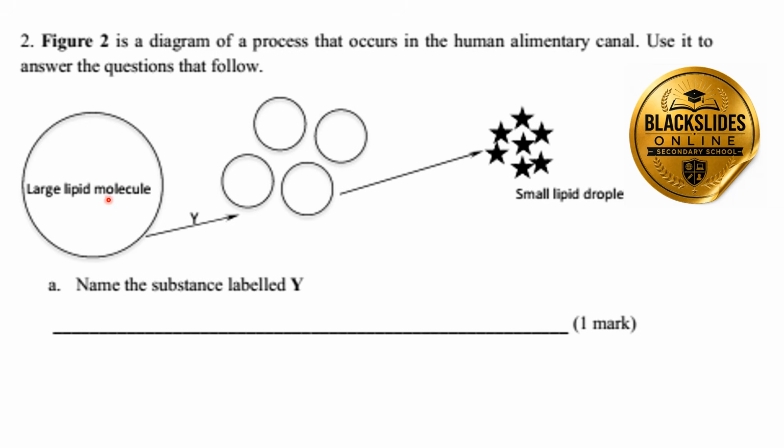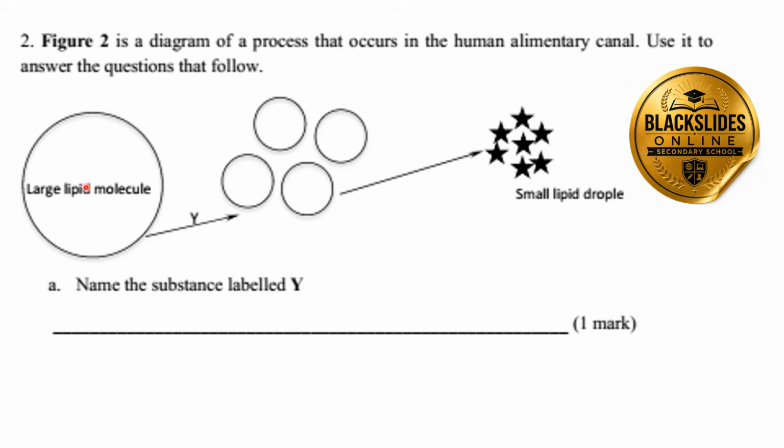Now, if you look at the process marked Y, it is important in the digestive process. One large lipid molecule has to be broken down into smaller lipid molecules.